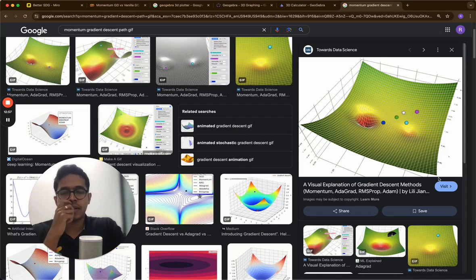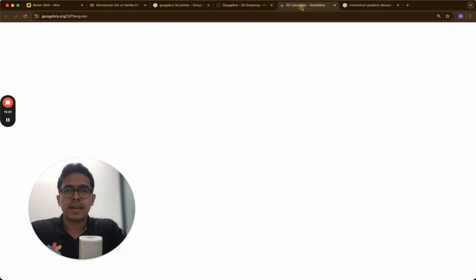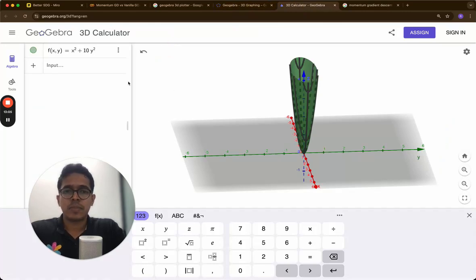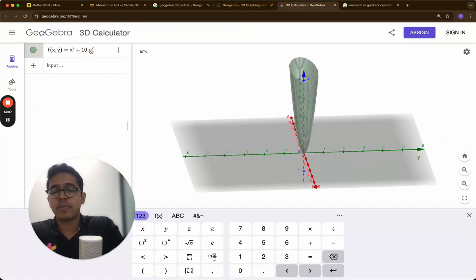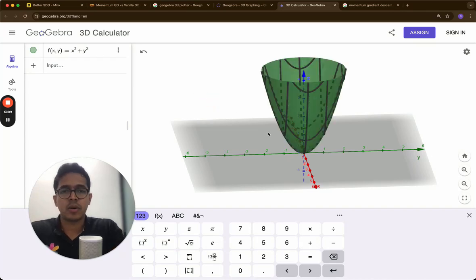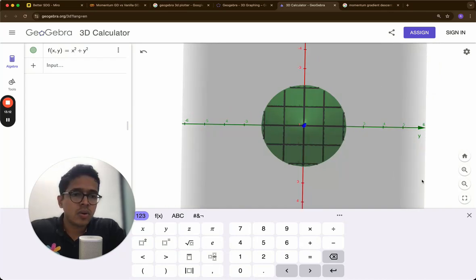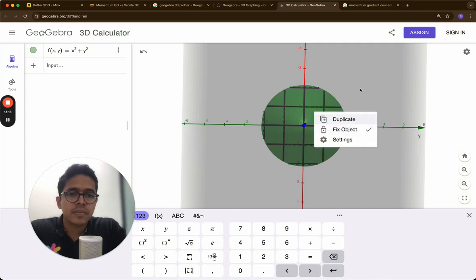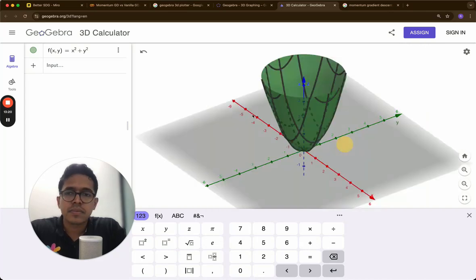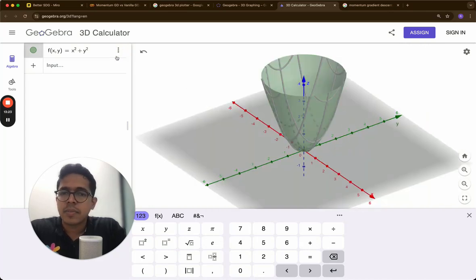We also had a function like x square plus 10y square, and by the way, in this GeoGebra 3D graphing calculator, you can visualize the x square plus 10y square function. So x square plus y square would look like a proper parabola. From the top it will look like this. I hope we can display the iso contour somewhere. I'm not sure. Probably it does not matter, even if we cannot, it's fine.